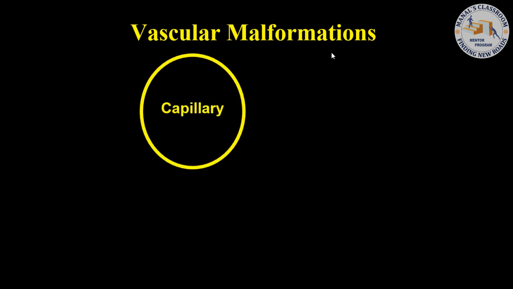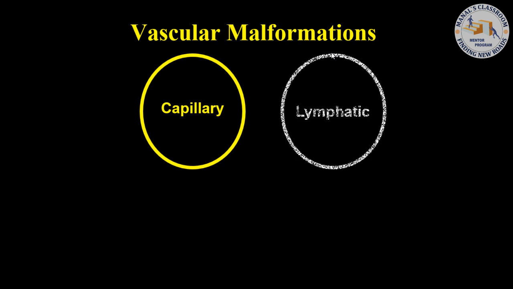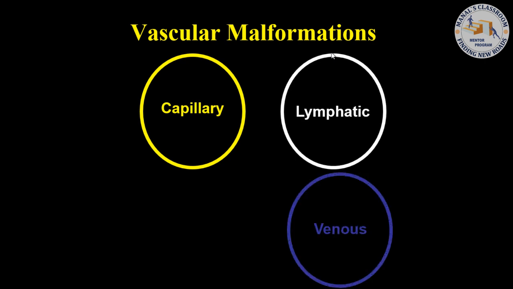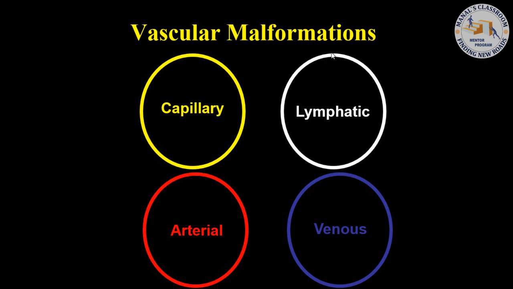Now let's talk about vascular malformations. These vascular malformations do not have any type of endothelial proliferation. They tend to be static lesions. Vascular malformations are divided into four flavors: capillary vascular malformations, lymphatic malformations, venous malformations, and arterial malformations.